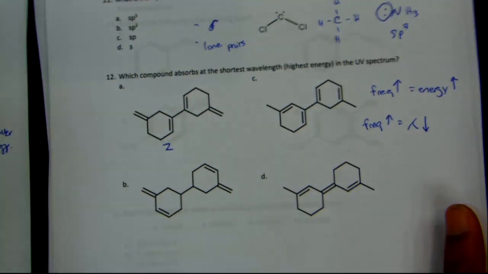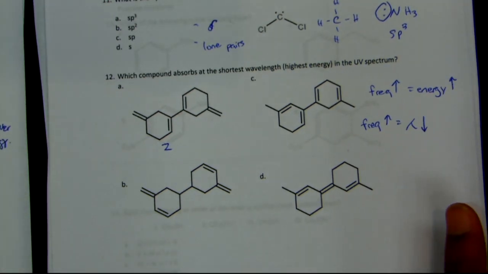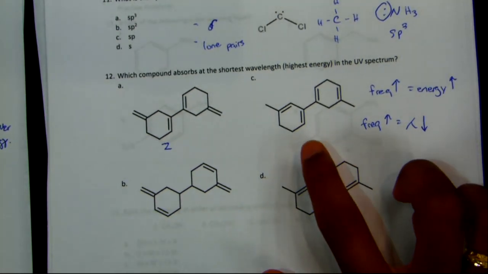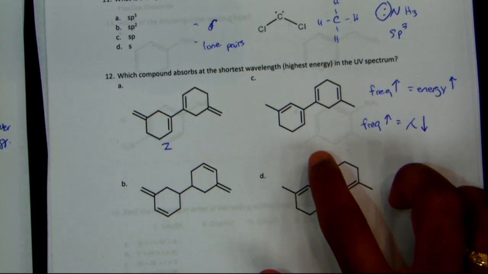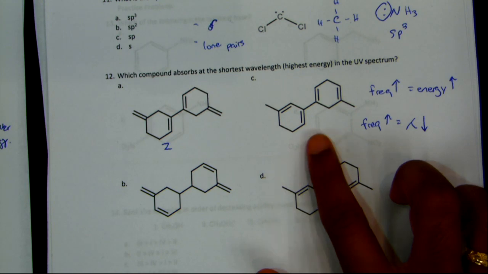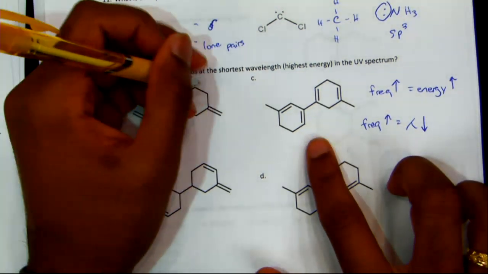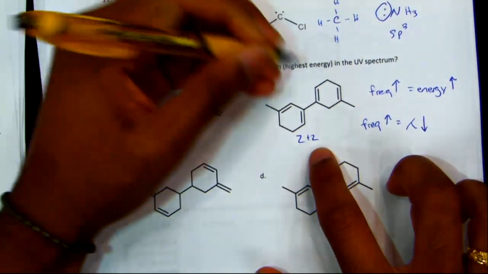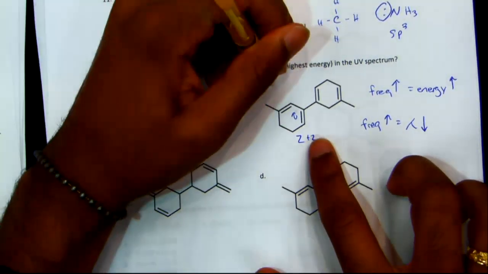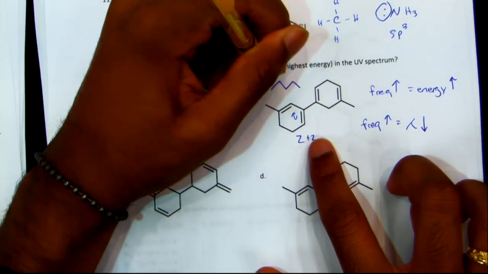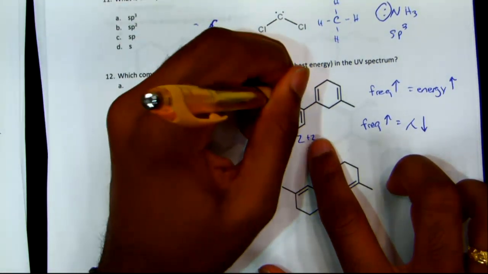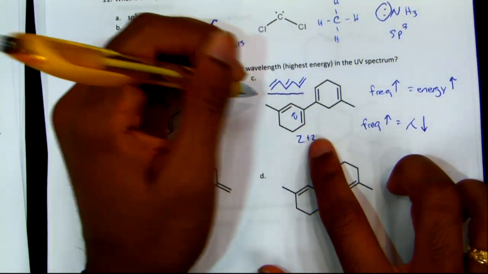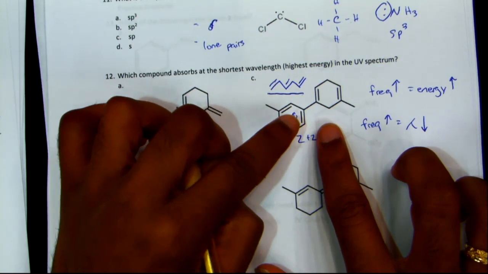Does that make sense? In this one, I don't know, do you guys do cross conjugation at all? Well, I mean, it's conjugated: double, skip, double, so it's conjugated. This one is actually more stable than this one because this one's cross conjugated.